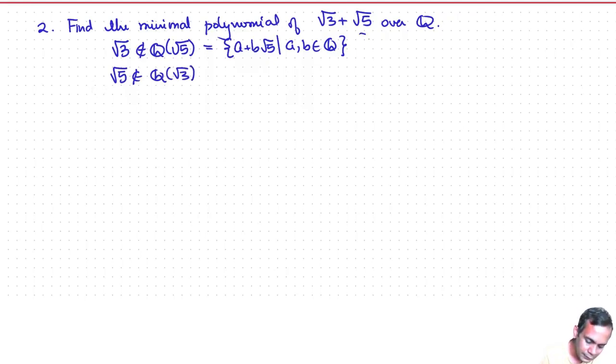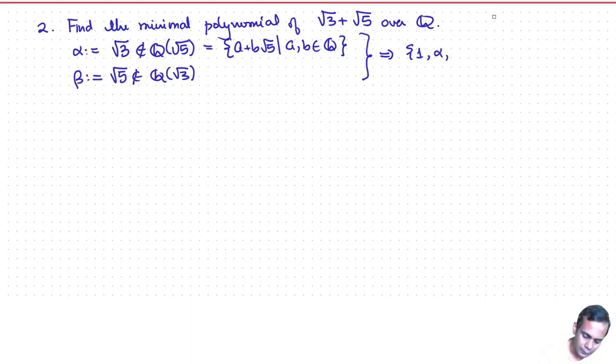What this means is that, let's give these names. Let's say alpha equals square root 3 and beta equals square root 5.